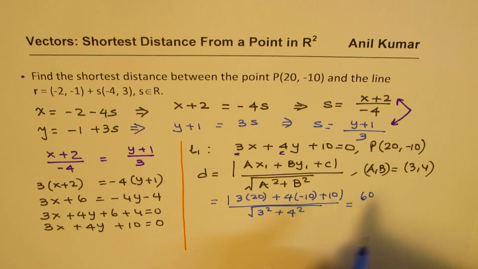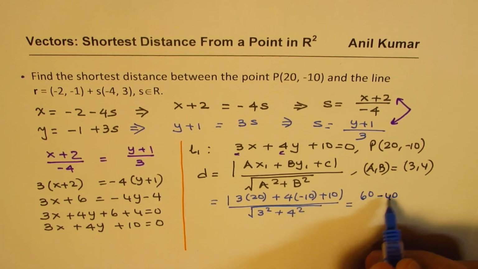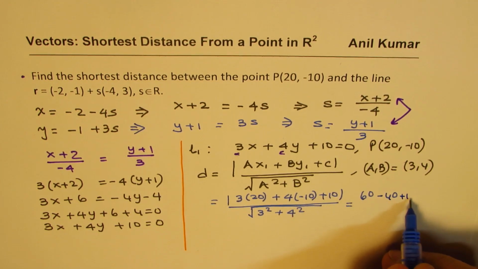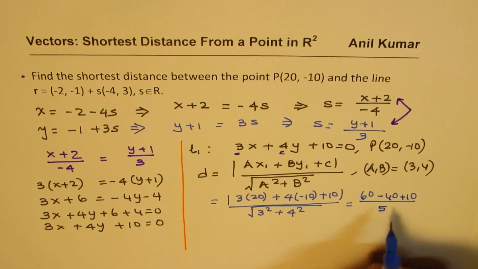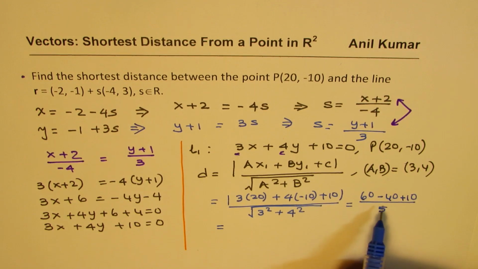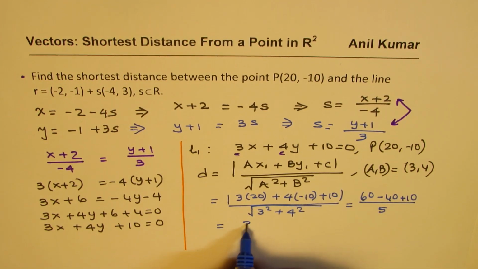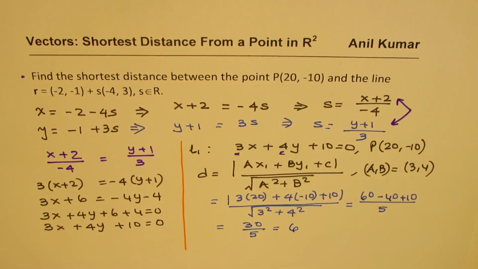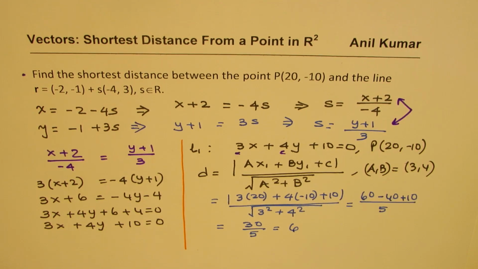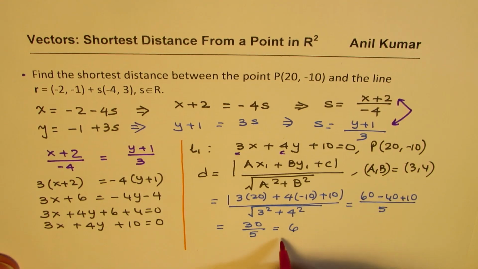And this is minus 40, and that is plus 10 over 9 plus 16 square root is 5. So that gives you 60 minus 40 is 20, 20 plus 10 is 30, 30 over 5, which is same as 6 units. Do you get the idea, right? So we get exactly the same answer, 6 units, and that becomes your alternate method.